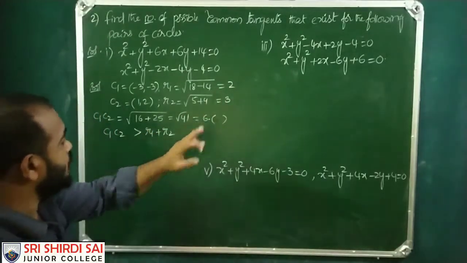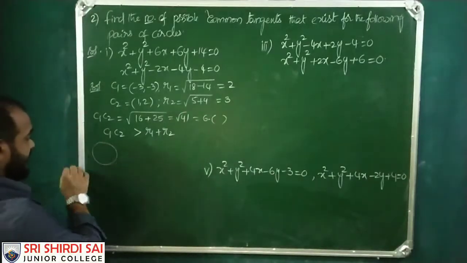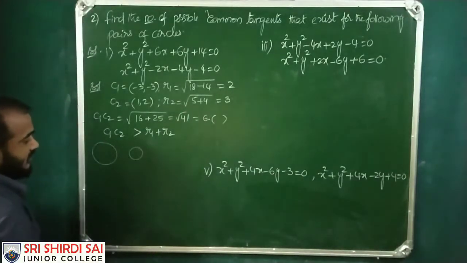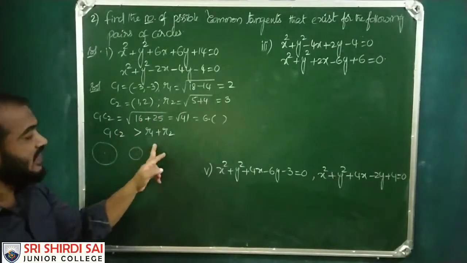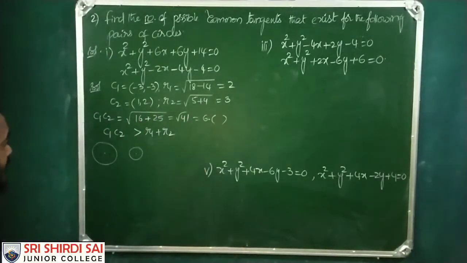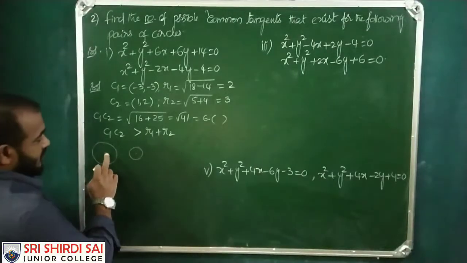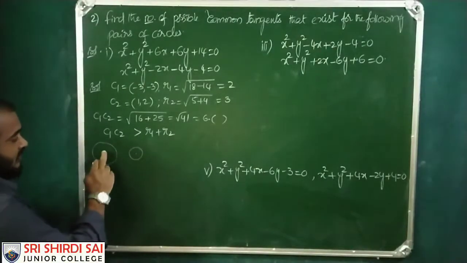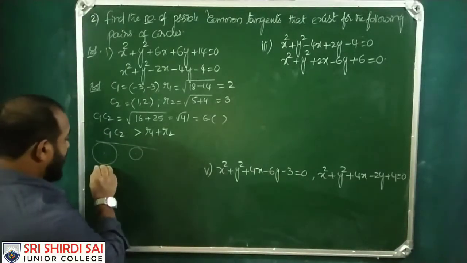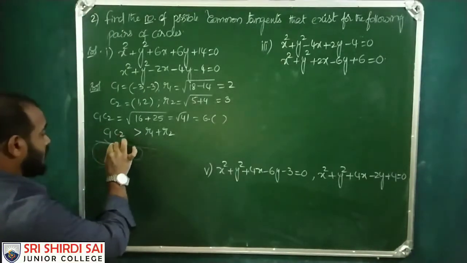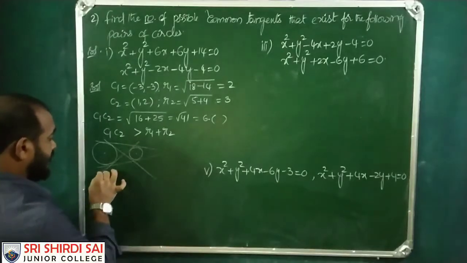So then one circle is like this and another circle is like this. This is the first condition: C1C2 is greater than R1 plus R2. Then one circle lies completely outside the other circle.